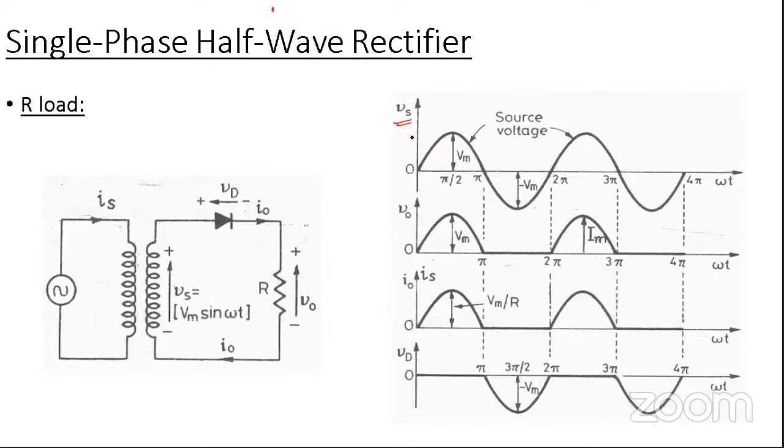These waveforms are very much important, not only for finding the output voltage and output current expressions, but if you draw properly what is the input voltage, what is the output voltage, what is the output current, and what is the voltage across the diode, the concept becomes clear.